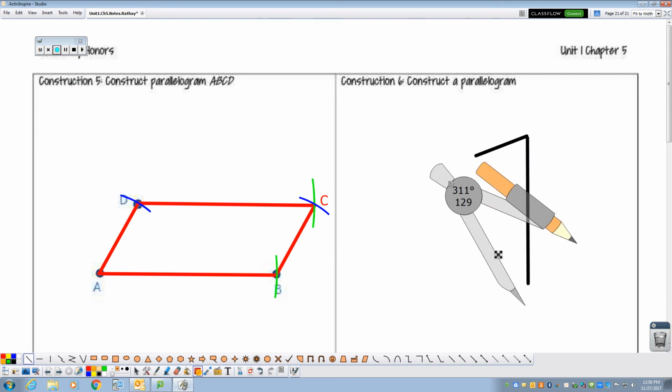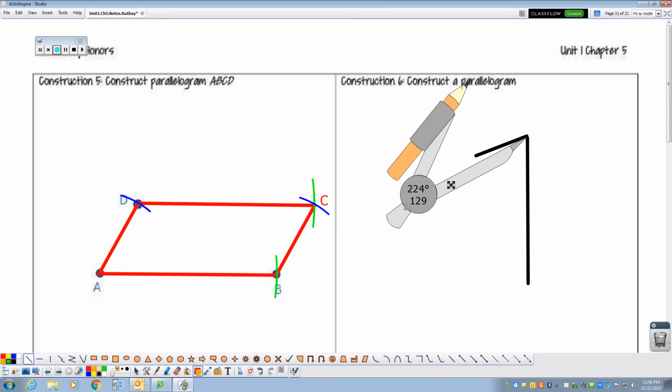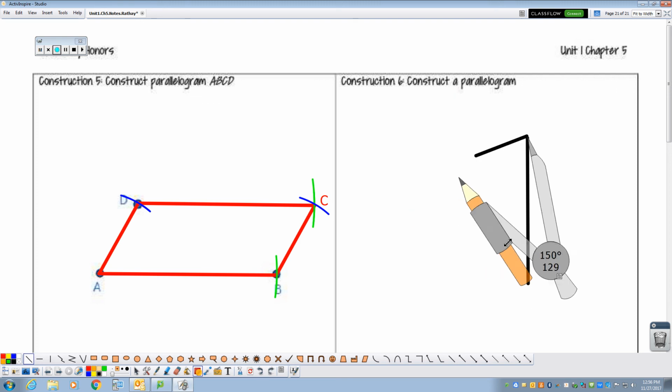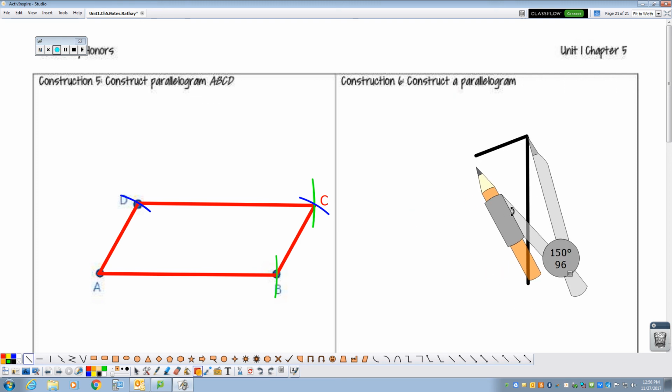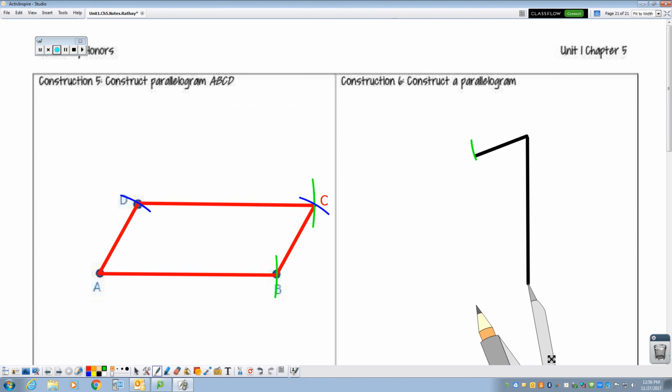But opposite sides have to be parallel and congruent. But just guaranteeing opposite sides congruent will give me that parallelogram. So that's what I'm working on right now, is making a mess with my construction, but trying to measure this segment so that I can get opposite sides congruent. So I measure this side, and it has to match this one down here.